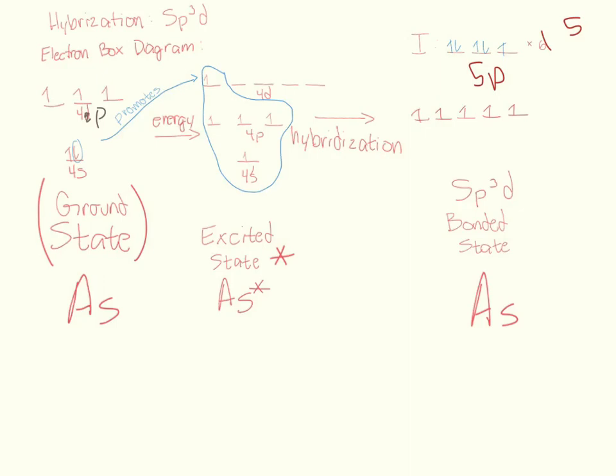So we're going to share electrons with the one that's not paired. So we move it down here. One there, another one there, another one there, another one there, and another one there. And all of these are going to be shared with this one right there. And now we're going to move on to the contour diagram.